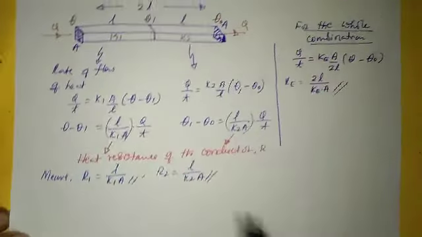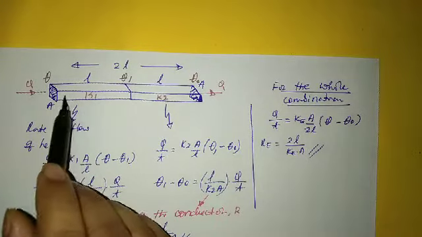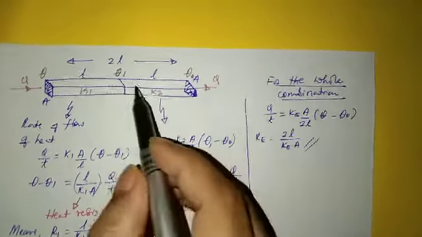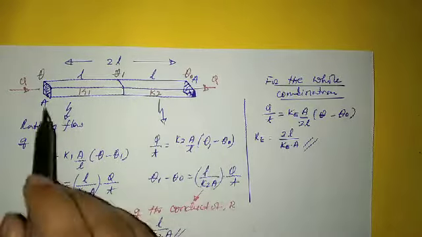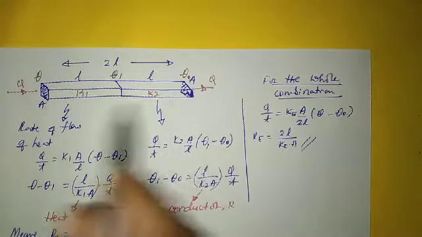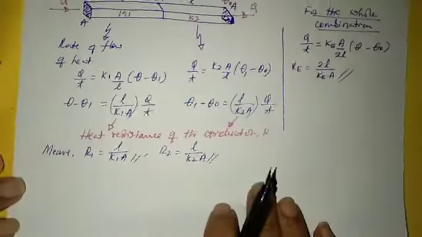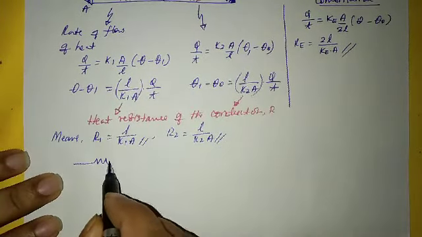Now here the heat will be resisted by this conductor and after that by this conductor. That means in this situation the two conductors will act like two resistors connected as in electricity.